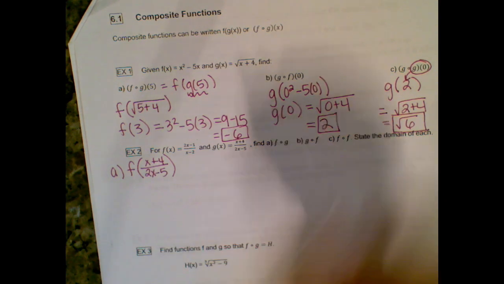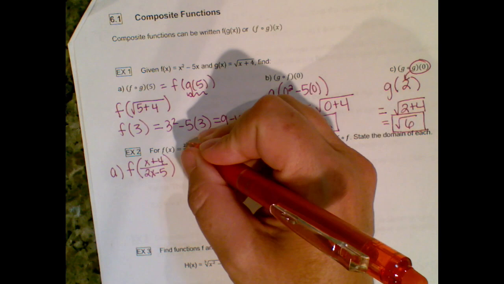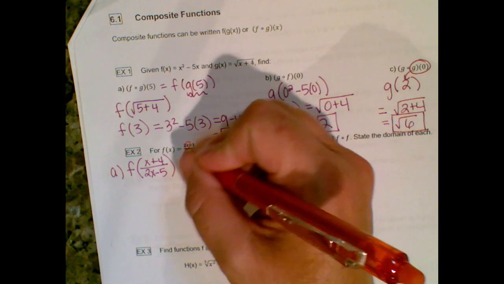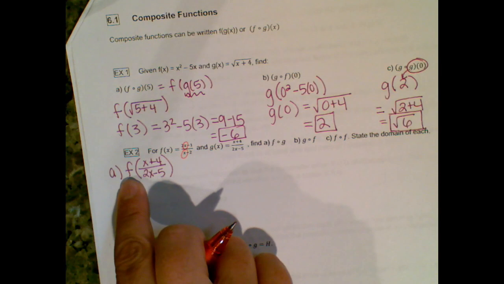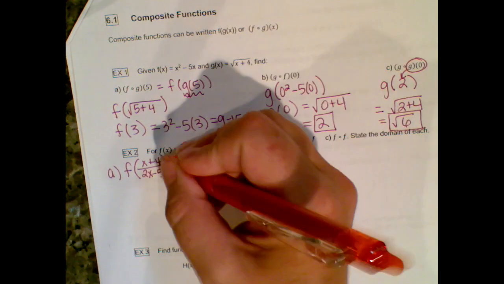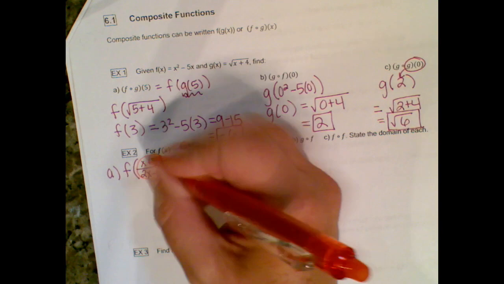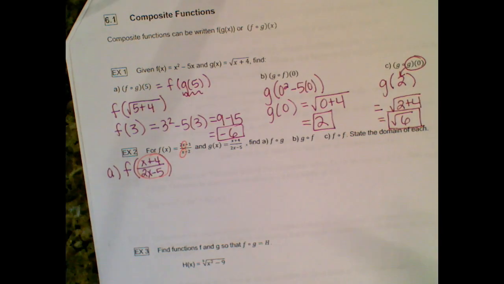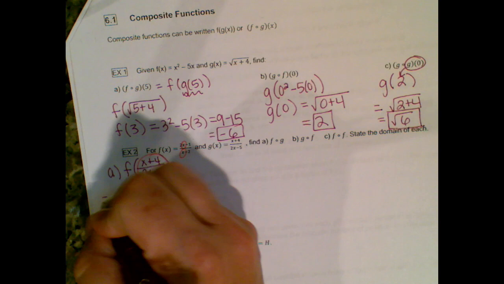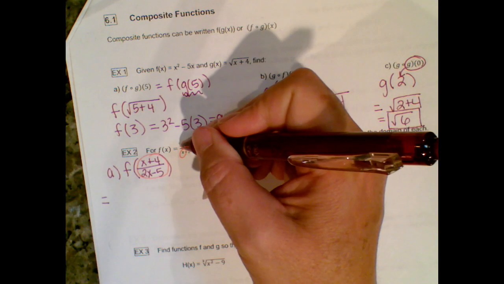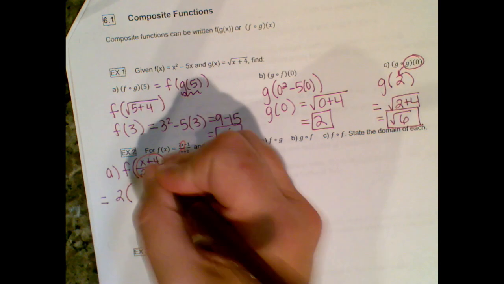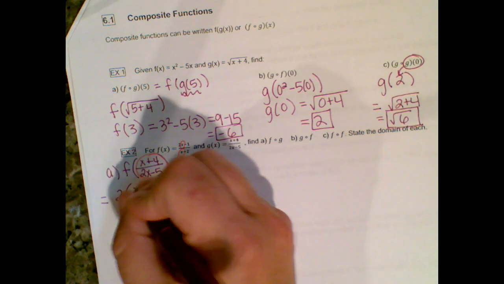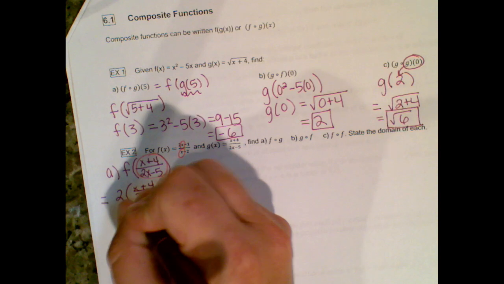But the meaning of it is that I am going to take out the variable everywhere it appears in the function named f, and in its place, I'm going to put in this whole thing. So everything else about the function stays the same. I still have the 2, I still have the minus 1. But in place of the x, I'm going to put this whole thing, x plus 4 over 2x minus 5.